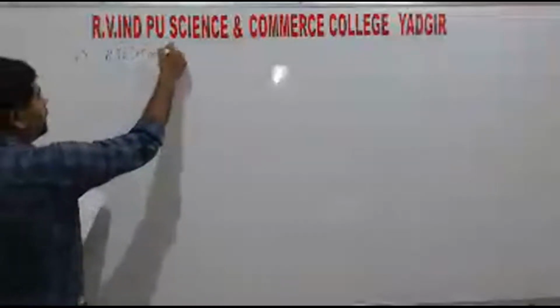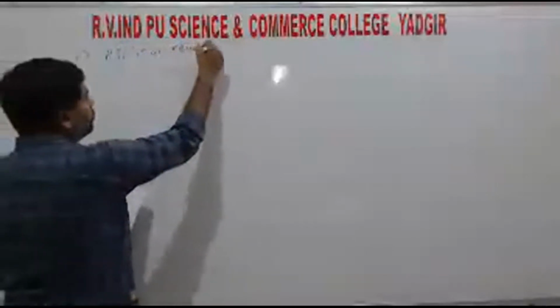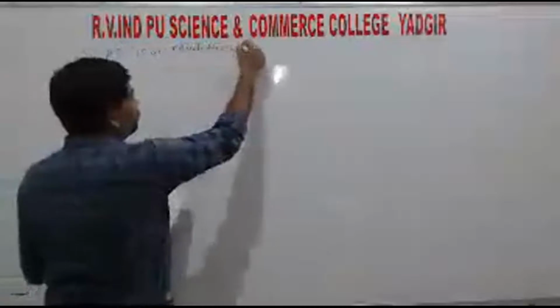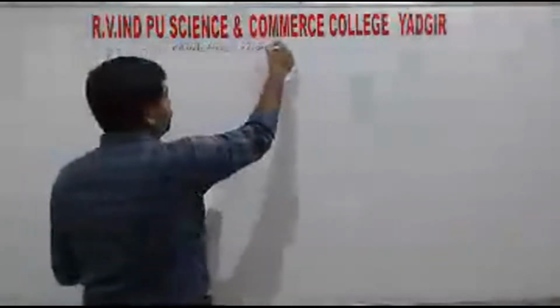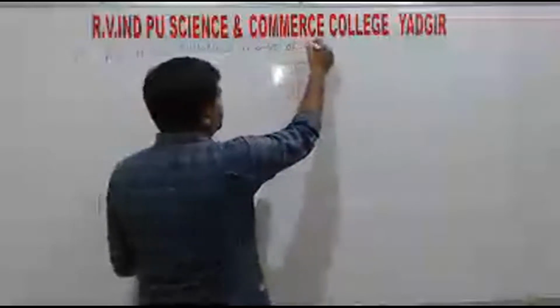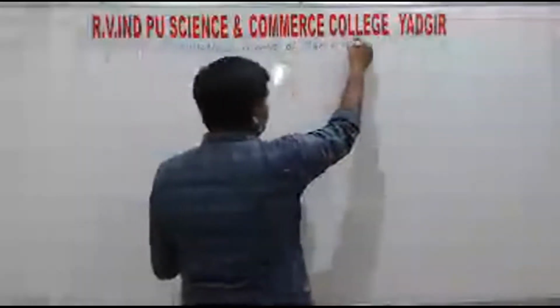So next, fourth problem. ABC is an equilateral triangle of side 0.1 meter.